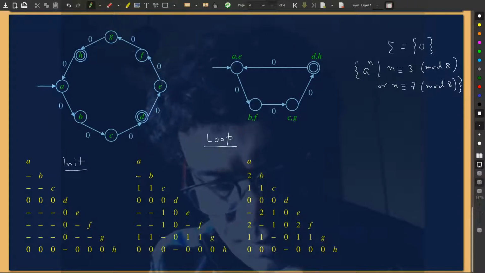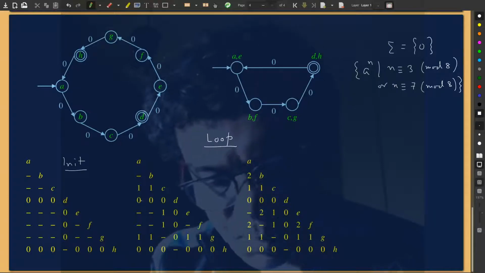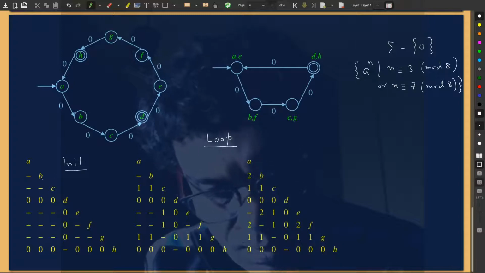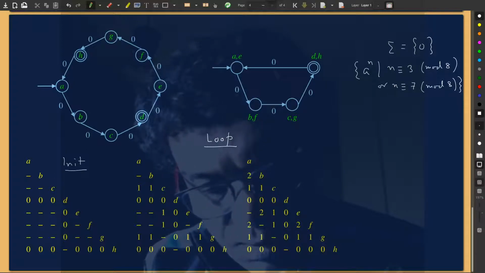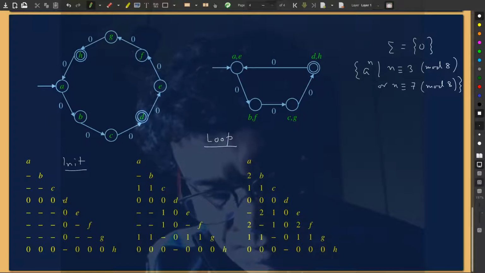So in this iteration, I cannot mark this. Okay. So this is iteration number 1. Now if I look whether I can mark B, C, upon reading one symbol, B goes to C, C goes to D. Okay, so B, C becomes CD after reading 0. And we see that CD is marked. This is marked during initialization. So I mark this.